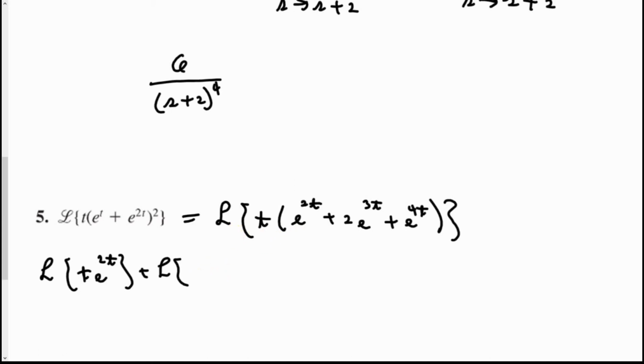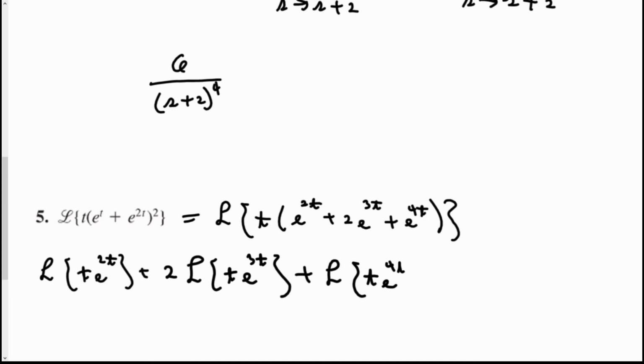So this is t, that was a 2 there. You could have written it out in the front. Let me do that. So this is 2 times the Laplace transform of t times e to the 3t plus the Laplace transform of t times e to the 4t.